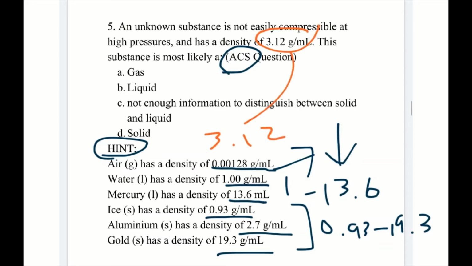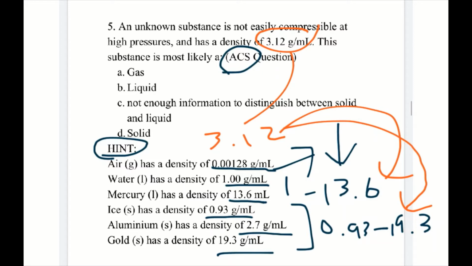Can you conclude that this mystery substance with a density of 3.12 grams per milliliter will be a liquid or a solid? Well, this could either fall here or here. So as a result, you cannot tell whether something is a liquid or a solid based on the density of 3.12.